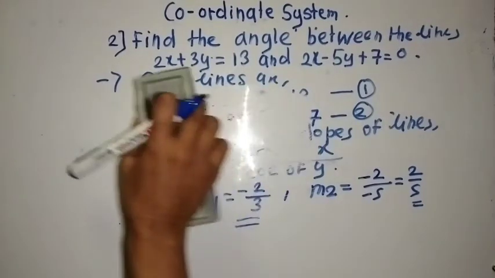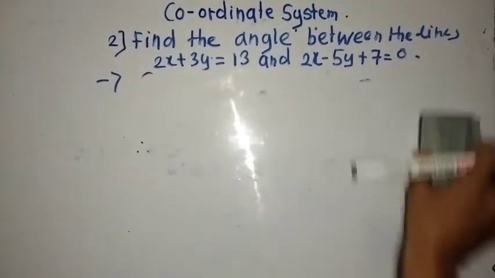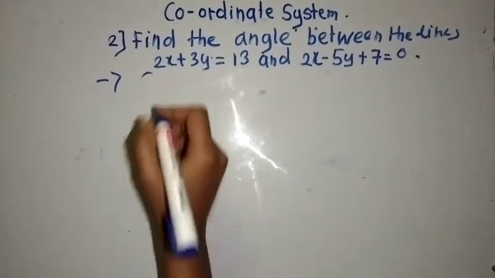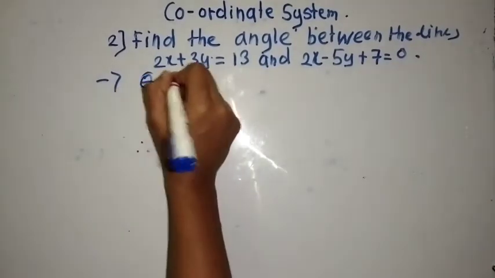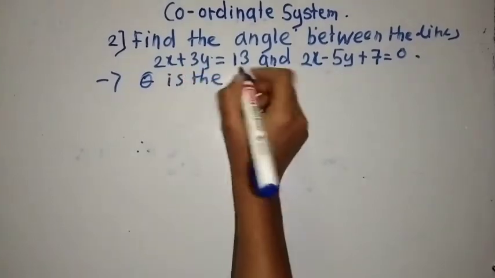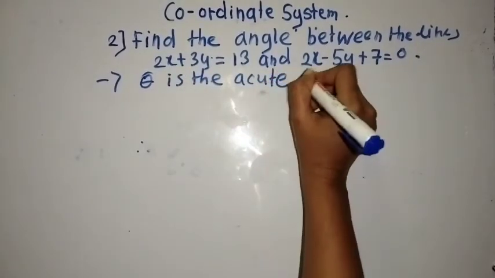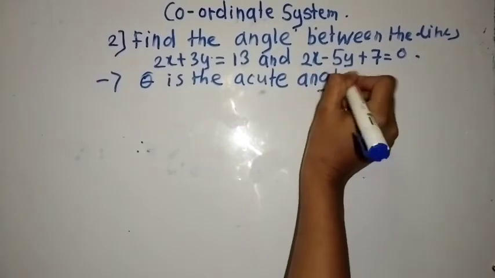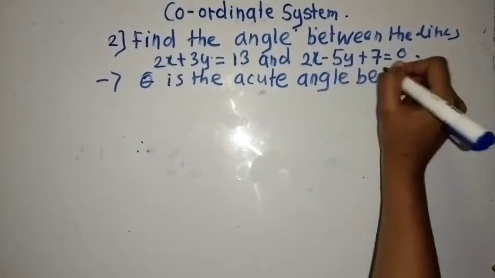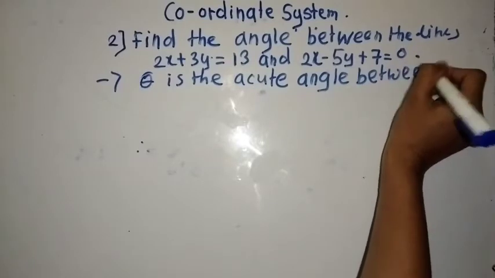Then theta is the acute angle between the lines.